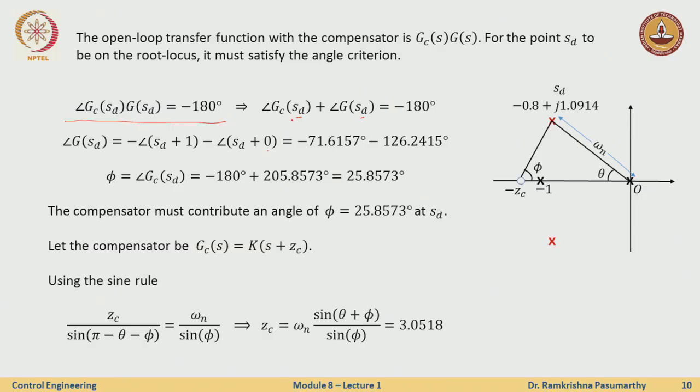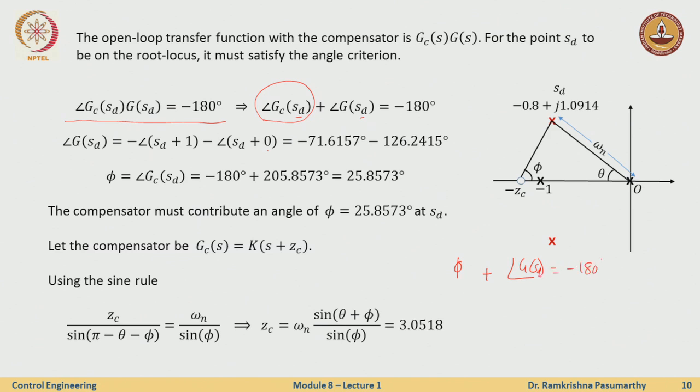So what should this G_c do such that the total is 180? It should make the required adjustments in the angle of G(s_d) such that the total is 180. Let me call this angle phi. So phi plus the angle of G(s_d) should be minus 180.